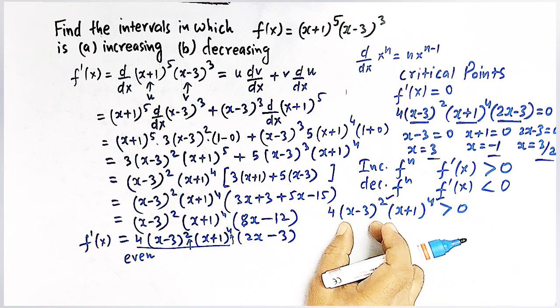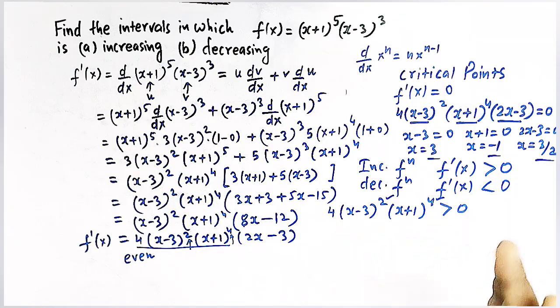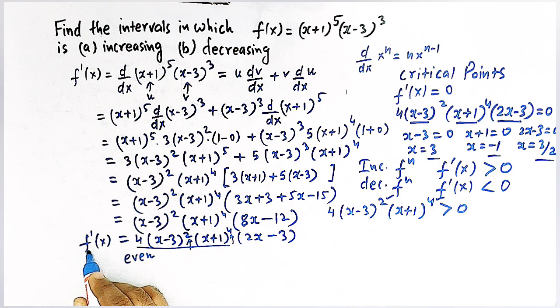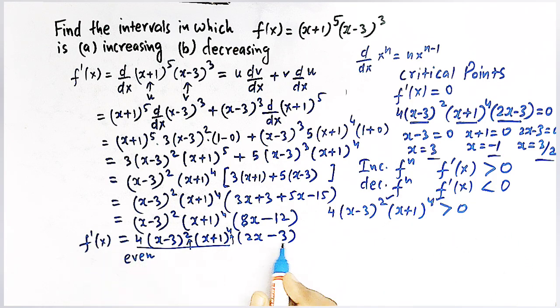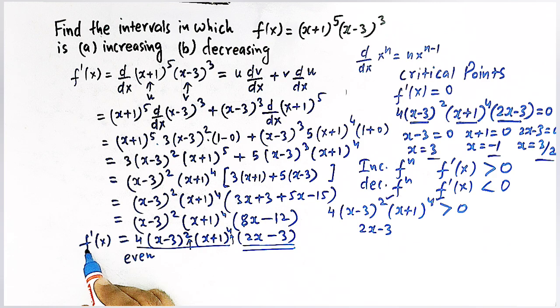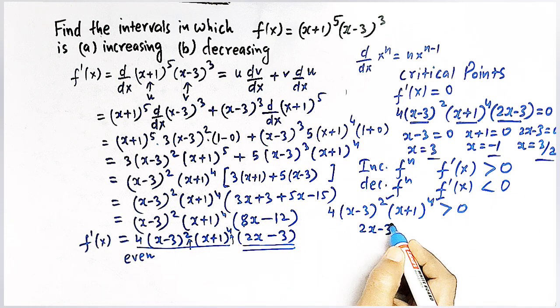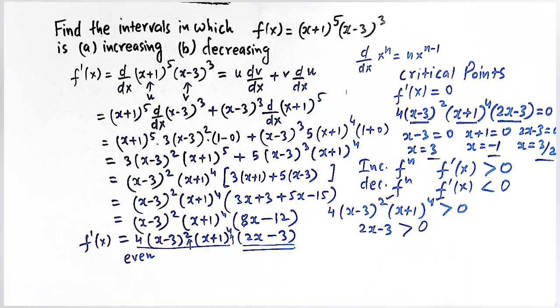So this term and this term are positive for all x, because the exponents are even, right? So the sign of f'(x) depends only on this factor, that is 2x - 3, right?